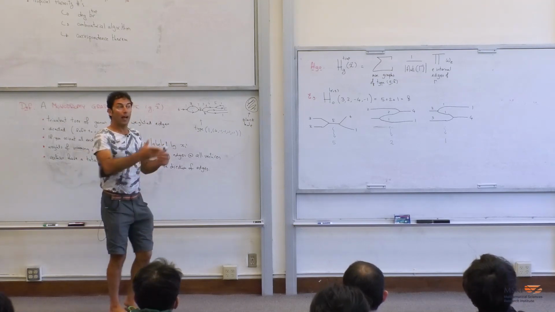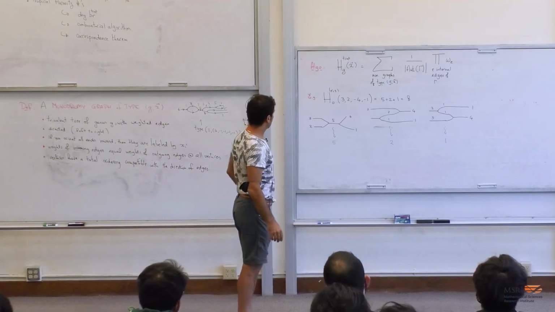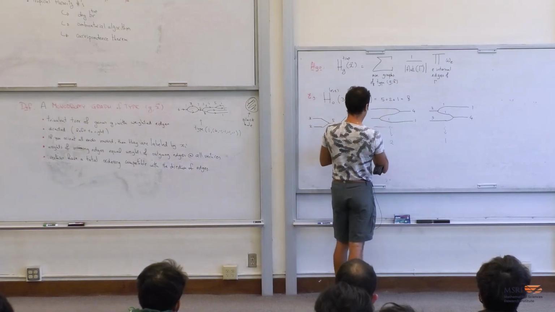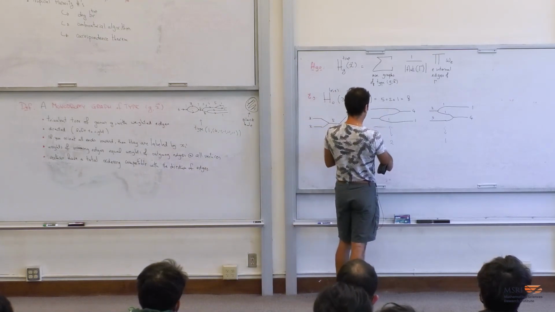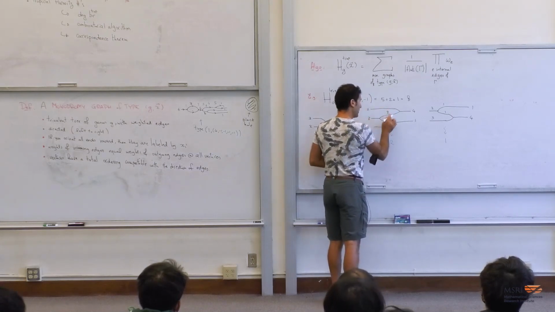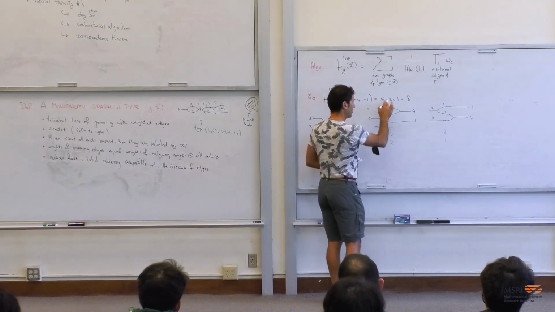Okay, so just to check, there should be a 3 in the middle one, right? Did I screw this up? Yes, I did. Thank you. In fact, no, sorry. This is right. So 3 becomes 2 plus 1, but I have also 2 here, which is this one, 2 plus 2 plus 1.